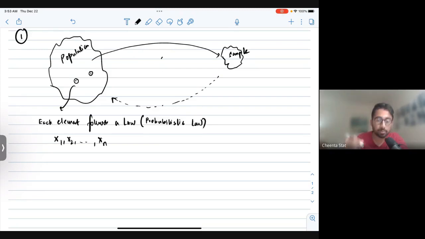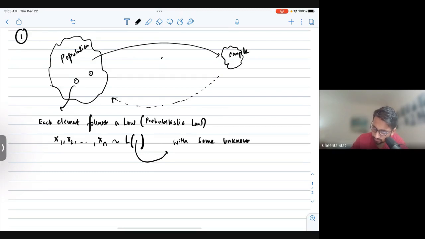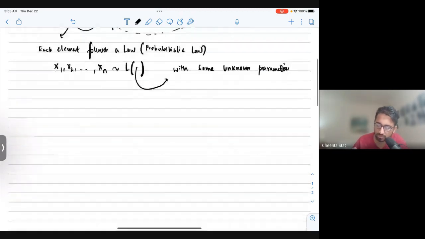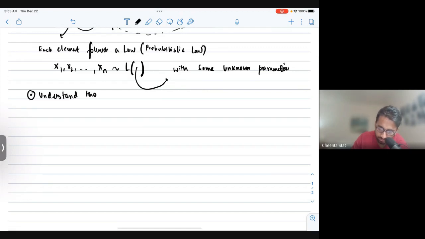Each one of them is from the population and they follow that law, L. Now, of that law, we don't know the entire population. So we know that it follows some law with some unknown parameters, right? So our goal is to understand those unknown parameters.